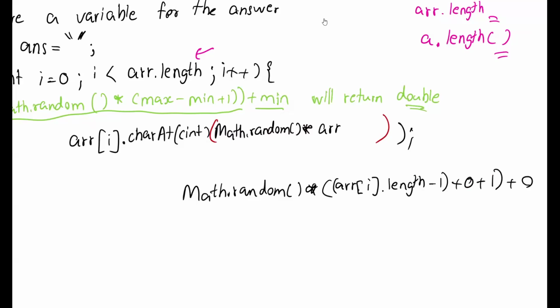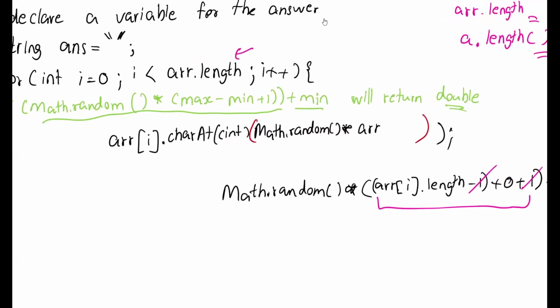If you solve this part, minus 1 and plus 1 become 0, so it is left as array[i].length. That is how we get this. So every time you want to use the random method, make sure you follow this one.